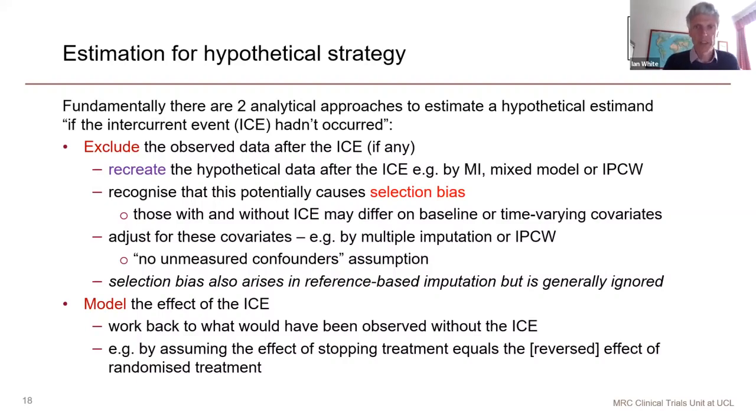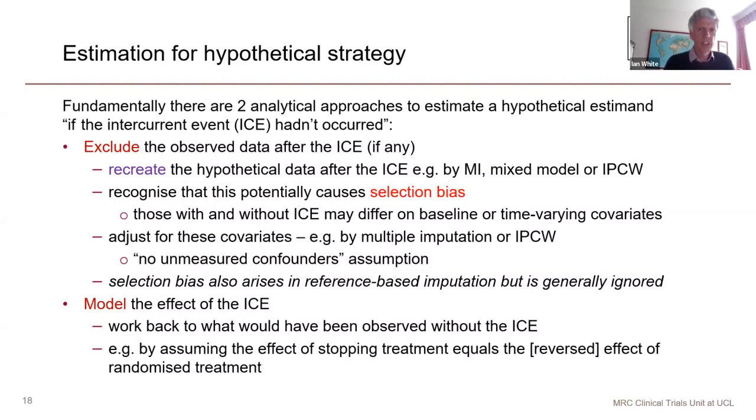And we're going to talk about a multiple imputation, mixed model, and something called IPCW, which I'll explain in a minute. But we have to recognize that this potentially causes selection bias, because by excluding data, all of those approaches that fill in what we would have observed hypothetically are going to have to make some assumption about comparability of the people who have the intercurrent event and those who don't, conditional on baseline or time-varying covariates.